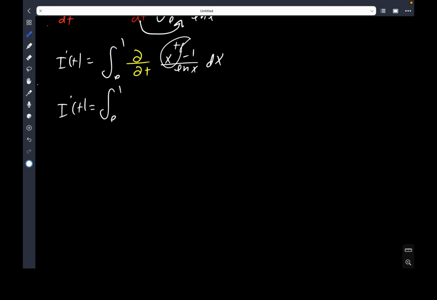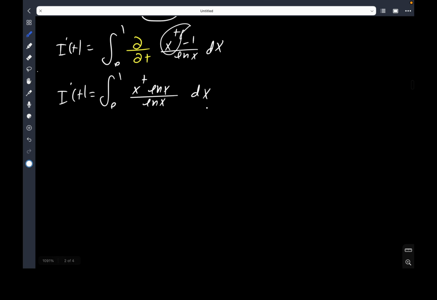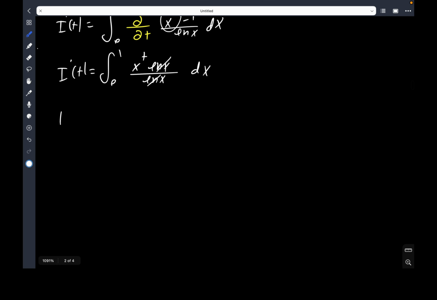The 1 over ln x is a coefficient, so we keep it. I'm going to have x^t ln x over ln x dx. And notice how these ln x's cancel out, and my I prime of t is the integral from 0 to 1 of x^t dx.